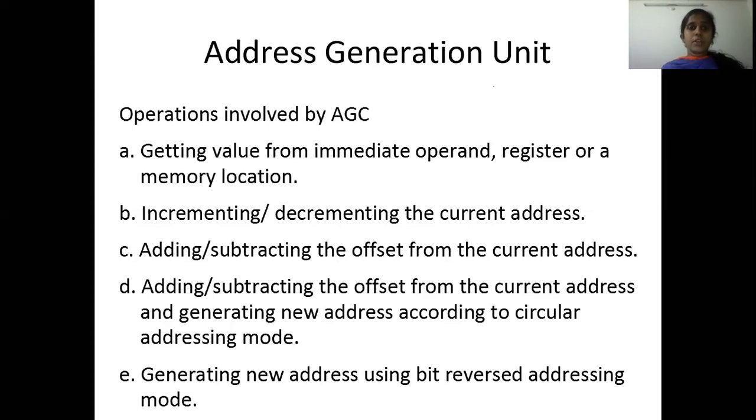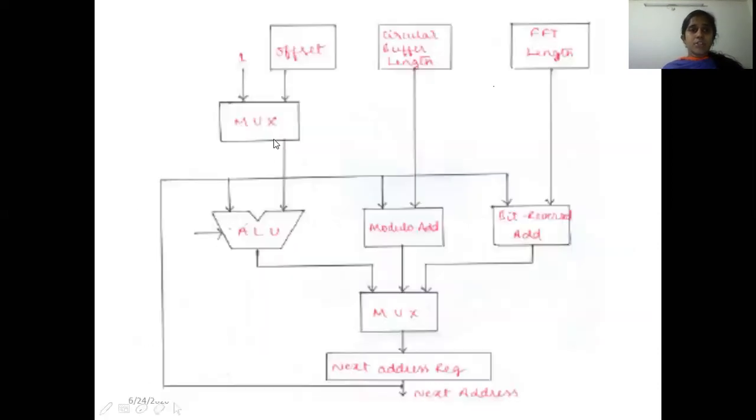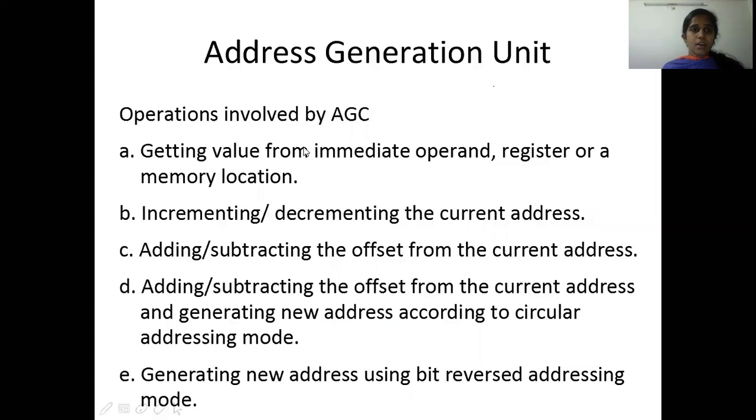Coming to the operations involved in the address generation unit, these are some of the general operations: getting a value from an immediate operand, a register, or a memory location.